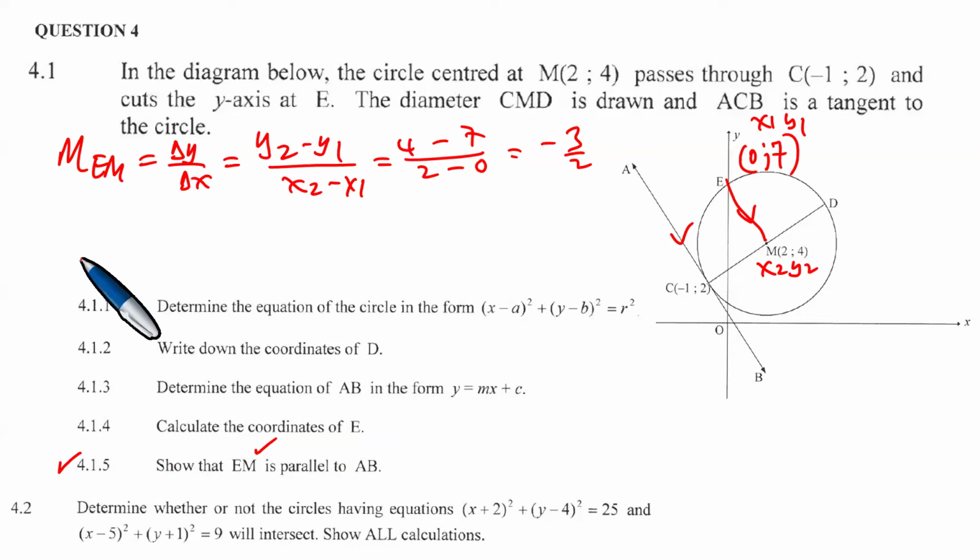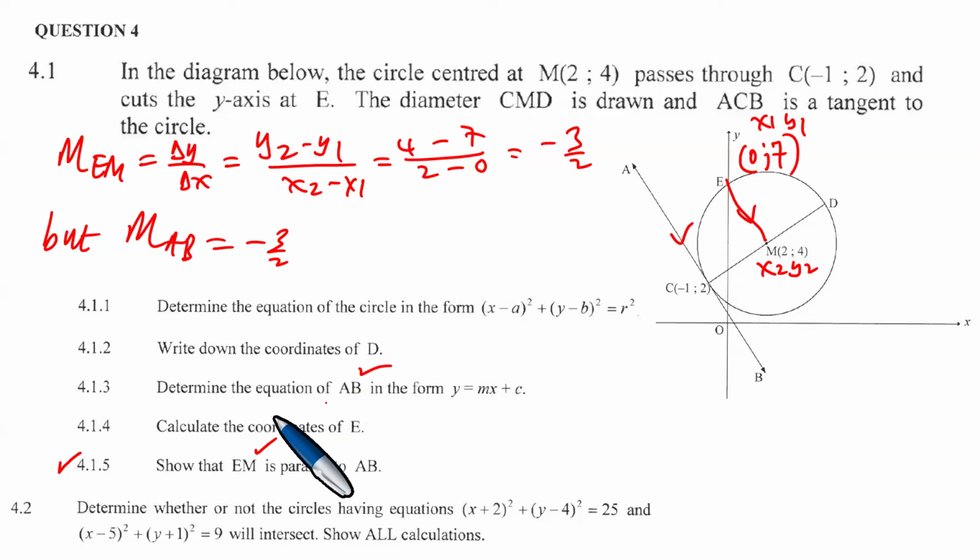Right, so recall that we need to also say that the gradient of AB is minus 3 over 2, because it was proved in 4.1.3.